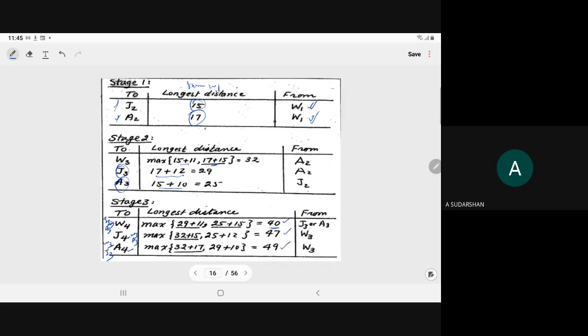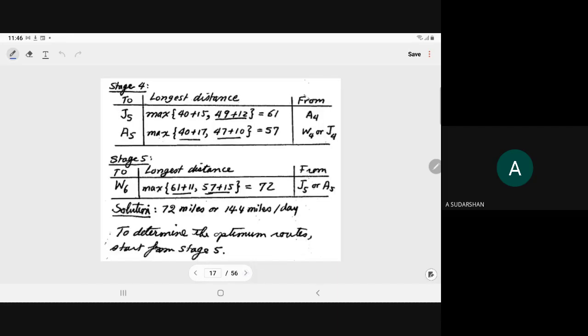This 40 you are getting from both, so the optimal value is from the J3 and A3. Similarly, this 47 you are getting only from the W3, and this 49 you are getting from the W3. So here we have the optimal route for the W3.